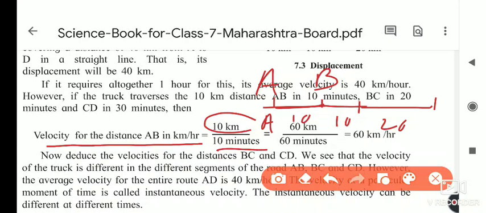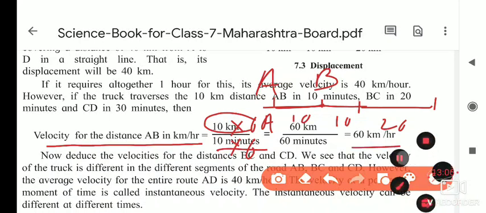So we have to write 10 km upon 10 minutes. Okay, so 60 kilometers in 60 minutes. So his speed is 60 km per hour. If we multiply this by 6 on both sides, then we get 60 km upon 60 minutes is equal to 60 km per hour.